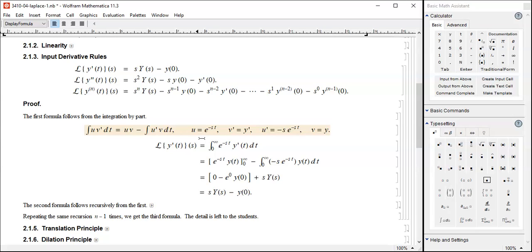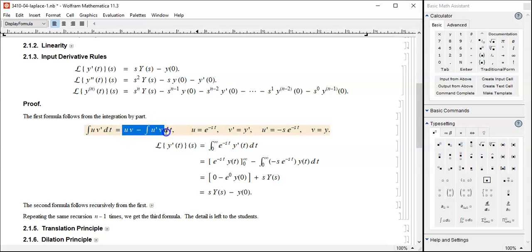That was the calculus 2 rule, but here things are a bit different. We already have y prime, so it's more natural to get v prime as y prime so that v is equal to y. And then upon taking the derivative, you get negative s coming out by the chain rule, and we have the exponential.